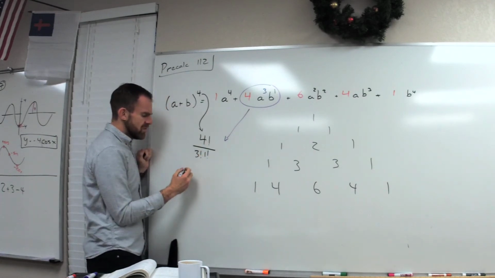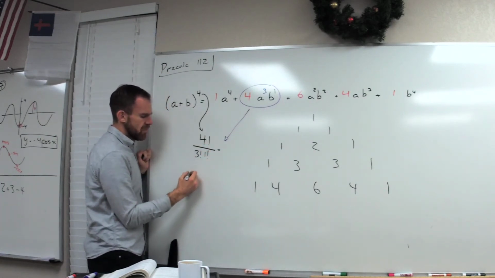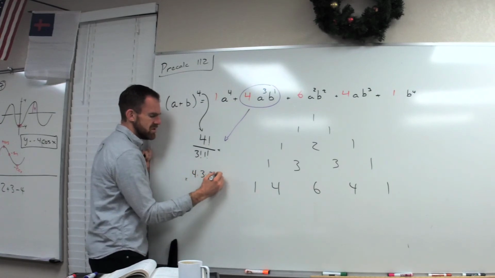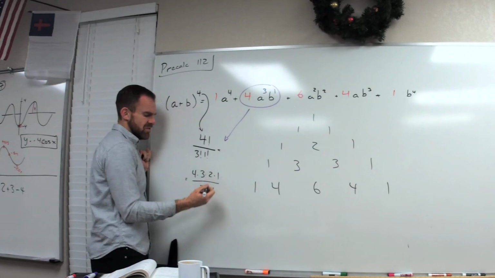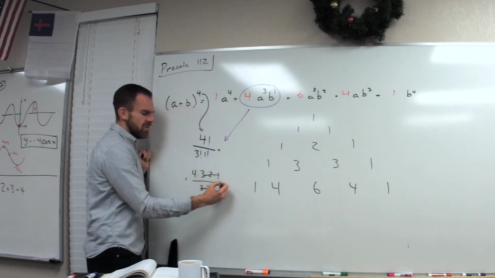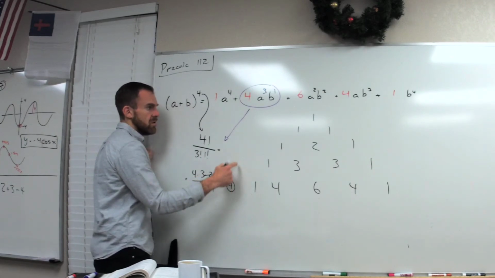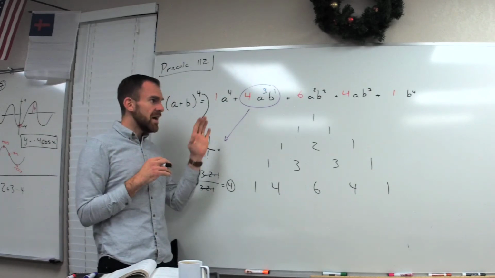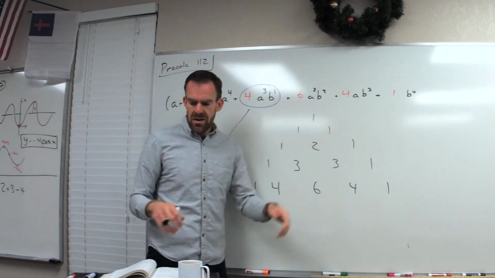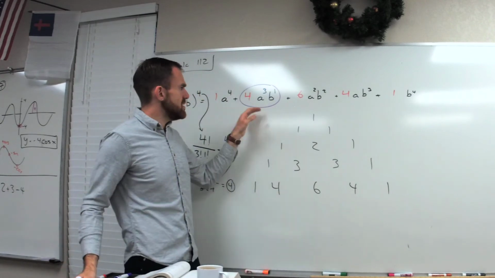What is 4 factorial? Well, it is simply 4 times 3 times 2 times 1. What is 3 factorial? 3 times 2 times 1. 1 factorial is 1. And we get the coefficient 4.